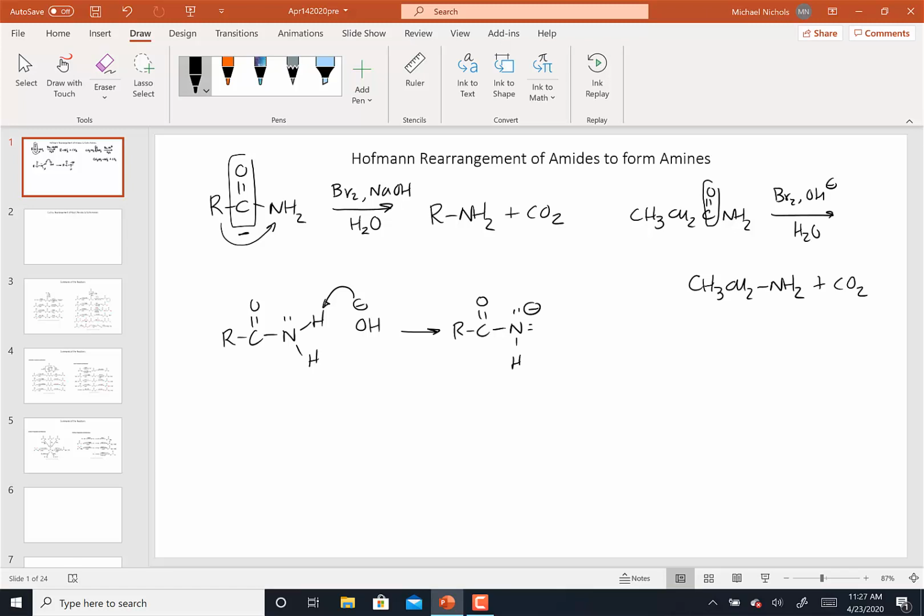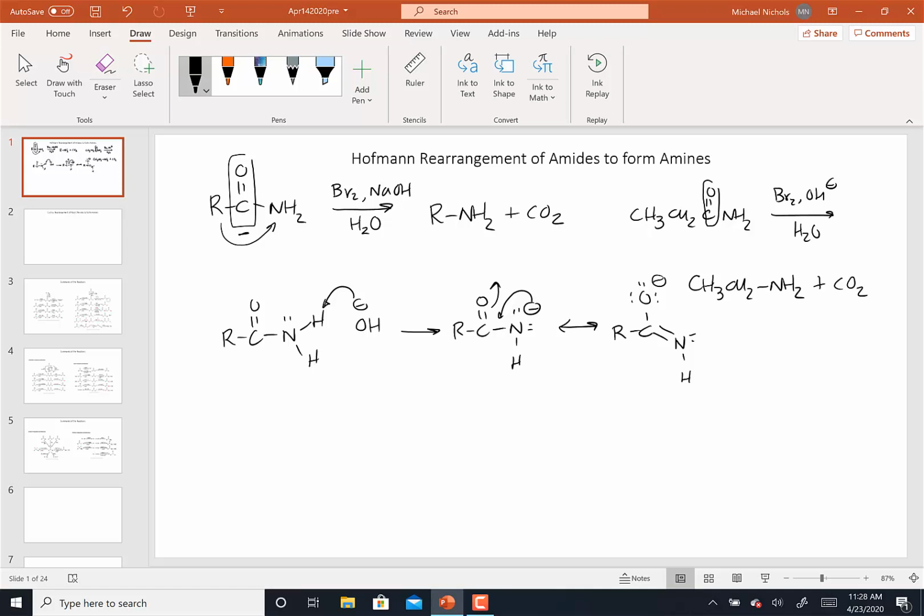Now, the reason that that nitrogen actually turns out to be stable as a negative charge is because I can move this pair of electrons and I can basically draw a resonance structure where I can have the O then having the negative charge and the double bond to the nitrogen.